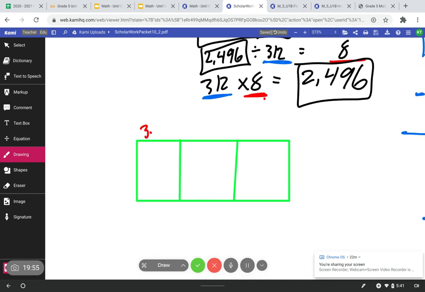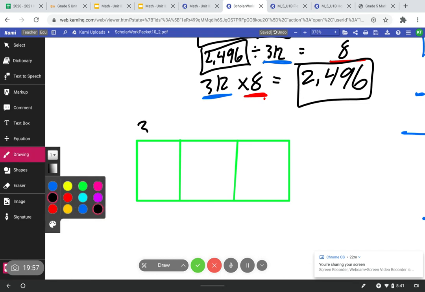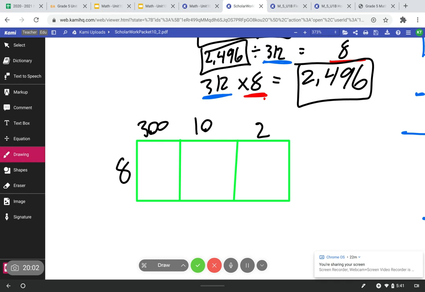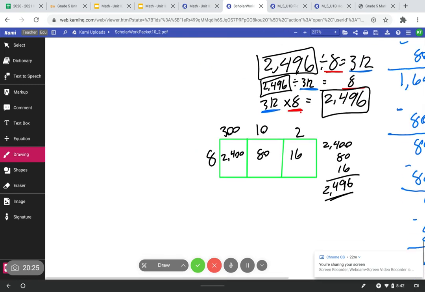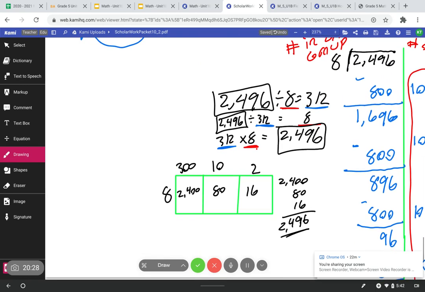Oh, I don't like red. 312 multiplied by 8. So let's add up these numbers and see what we get. And look, we get the same number of the group we are breaking up. So that tells us we did our division work correctly.